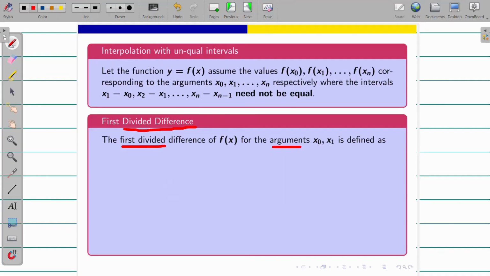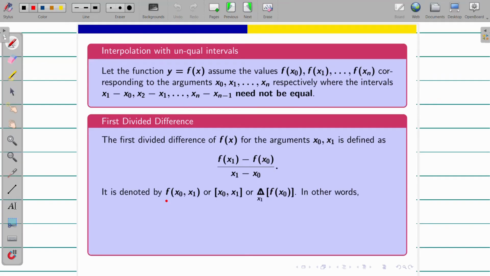For two arguments x0 comma x1, it's going to be defined like this: f of x1, the second value, minus f of x0, the first value, divided by the second argument minus the first argument, x1 minus x0.